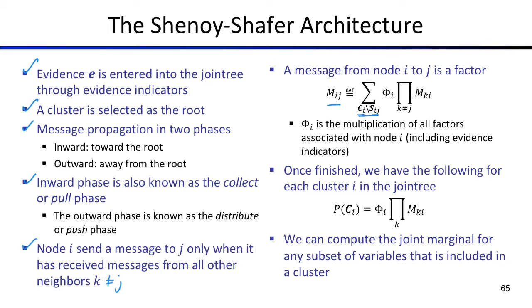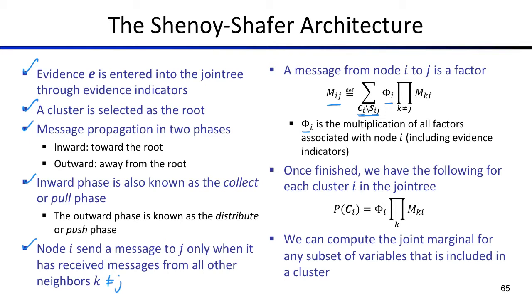We sum out all the variables that are in the cluster but are not in the separator, and we multiply the big phi I, which is defined as the multiplication of all factors associated with the node I, including the evidence indicator. The evidence indicator might be more than one.